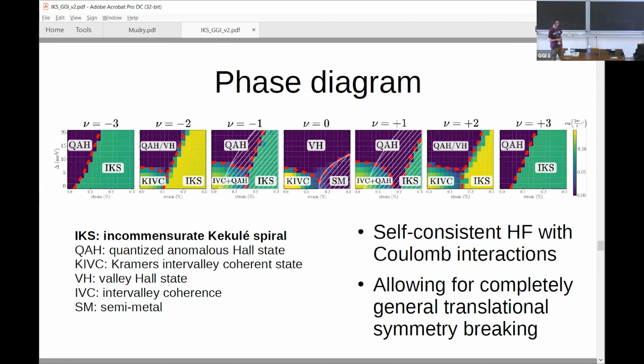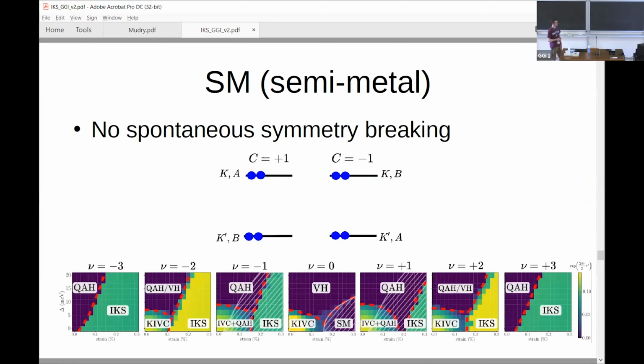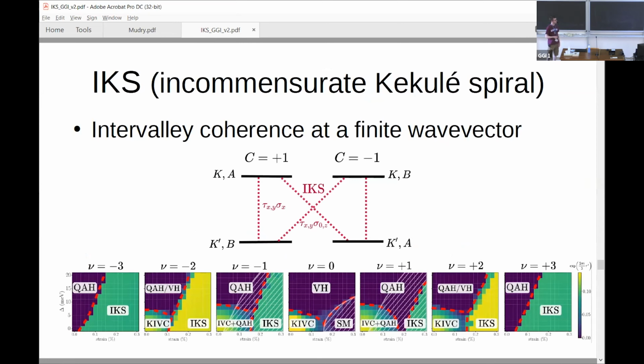Okay, so let me talk about the two new states that we find with strain, this IKS state and the semi-metallic state. So the semi-metal is pretty easy to understand. You can just equally fill these four bands. There's no symmetry breaking. It's just a featureless semi-metallic state. This is just the state you would get if you just filled up the band structure with no interactions. But the more interesting state is what we call the incommensurate Kekule spiral. And this is a translational symmetry breaking state.